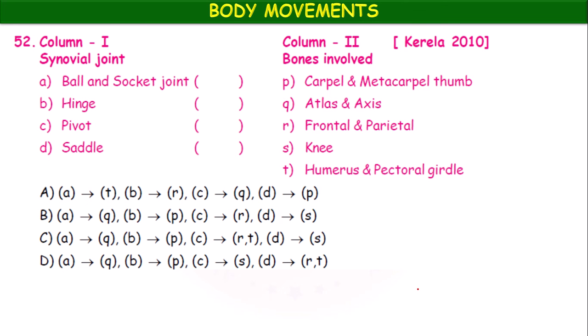Next, match the following column 1 and column 2. In column 1, synovial joints are given. In column 2, bones involved in the synovial joint. Option A, ball and socket joint, and you have to select the right one from column 2. The ball and socket joint is present in the humerus and pectoral girdle, shoulder. Okay. Hinge joint, where is it present?